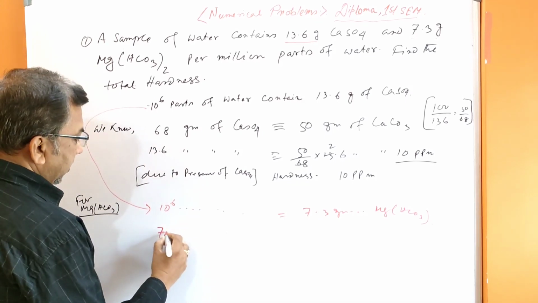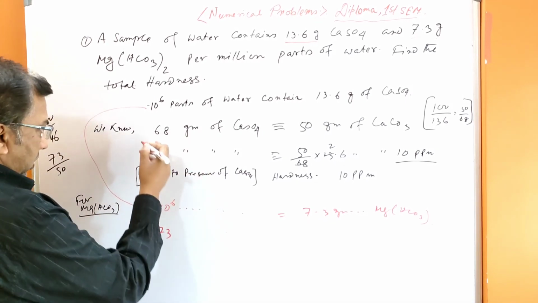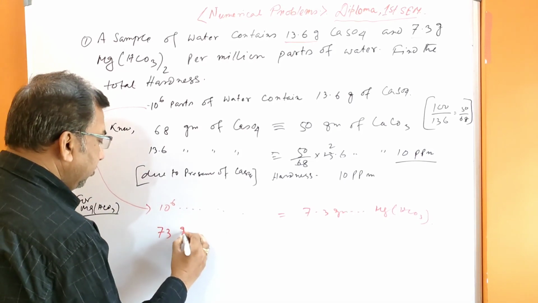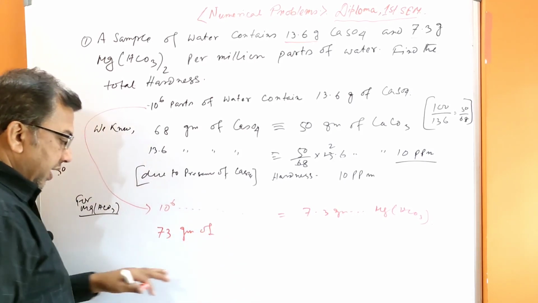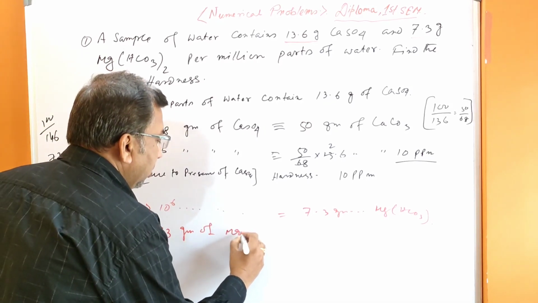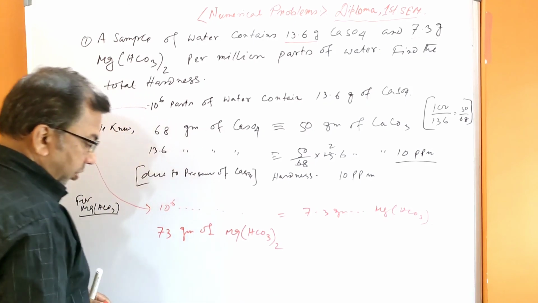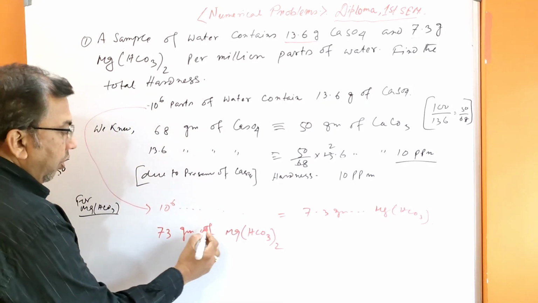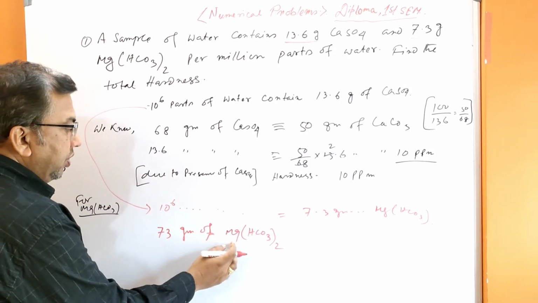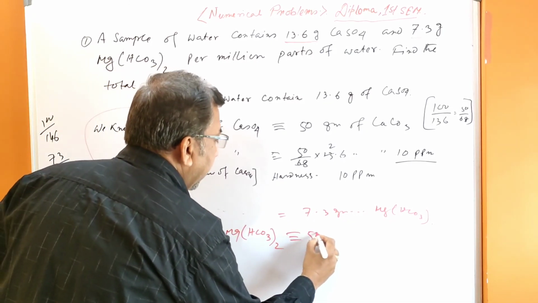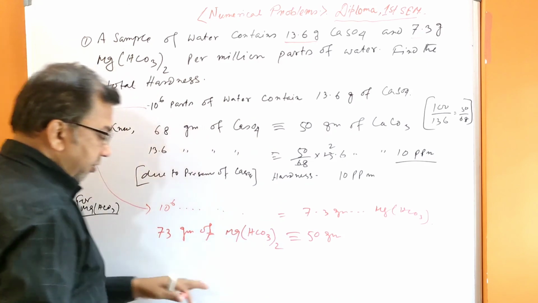Same, right? This line. Here 68, here 73 will come. 73 gram of Mg(HCO3)2. 73 gram of Mg(HCO3)2 is equivalent to 50 gram of what?